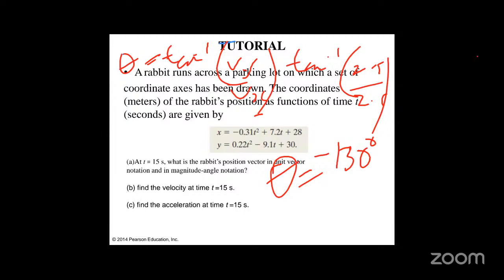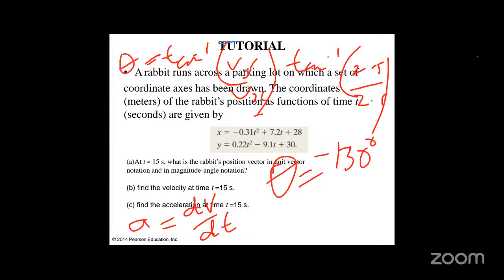Now the third question says, find the acceleration at time t equals 15. So to find acceleration, it means that we are going to differentiate one more time. Remember that acceleration a is equal to dv over dt.